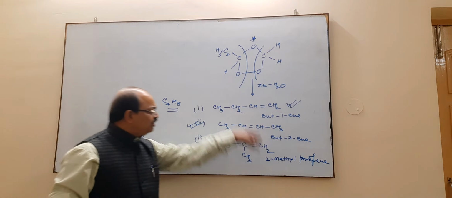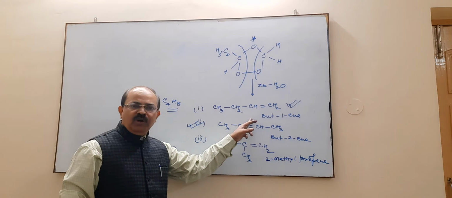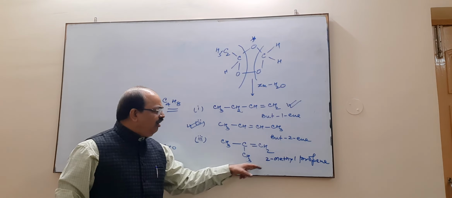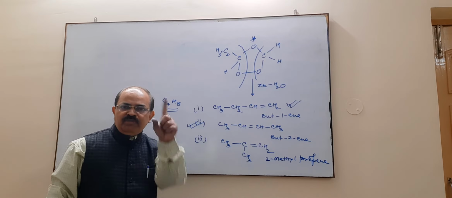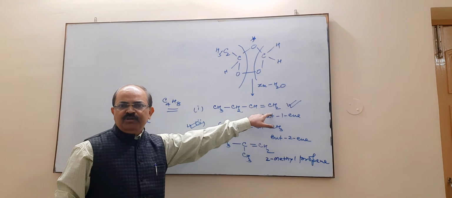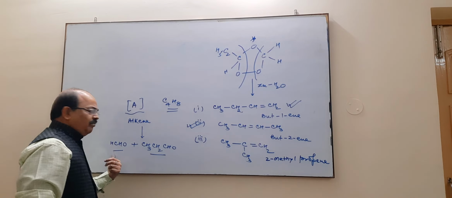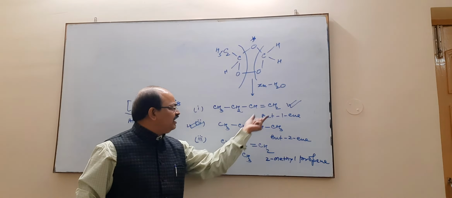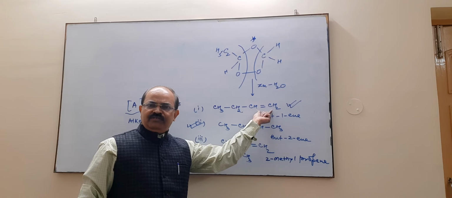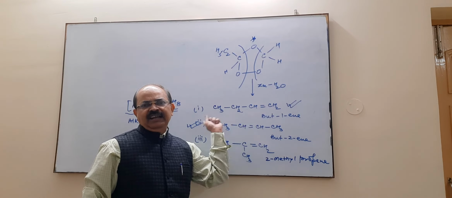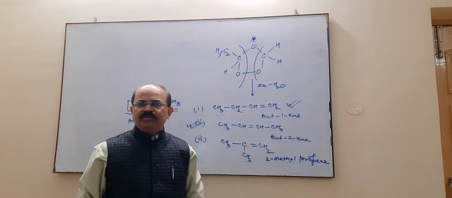The double bond is present in all three, whether it is but-1-ene, but-2-ene or 2-methylpropene. In this case, if the products are methanal and propanal, the double bond is between the first and second carbon, and it must be an alkene of 4 carbons.